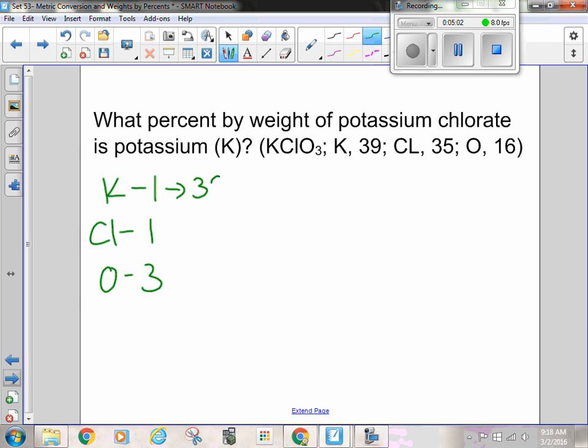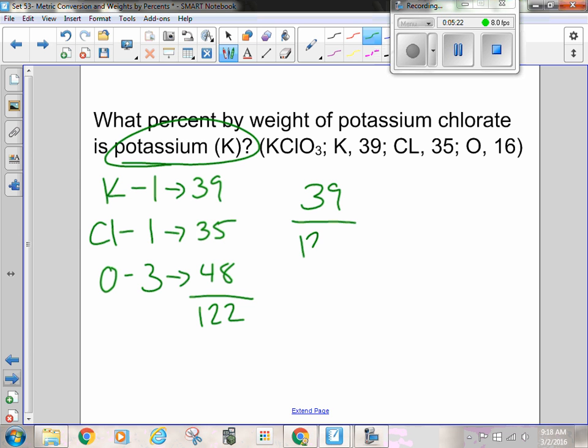So I'm going to end up with 39 and 35. Now oxygen is worth 16 each, so 3 times 16, I get 48. Okay, so I add all these up, 122. See, all of this should look familiar and the same. Okay, so now what percent by weight is the potassium? So I'm going to do potassium over the total, and I'm going to make this into a percentage.